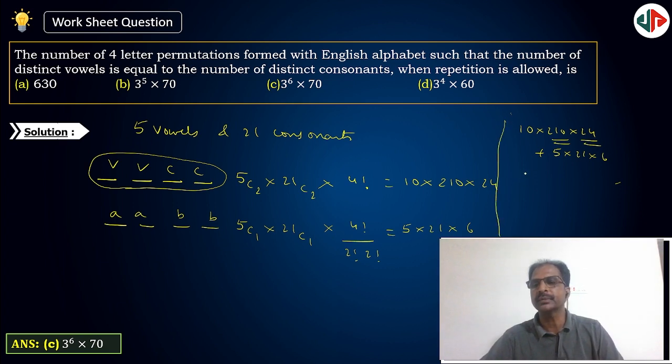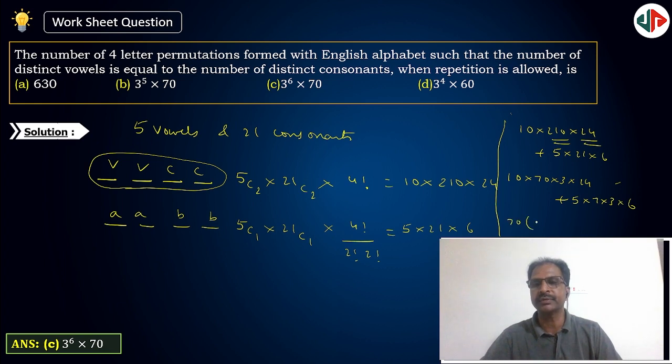$70 into something now. So this is 10 into 70 into 3 into 24 plus 5 into 7 into 3 into 6. Now let us take 70 common.